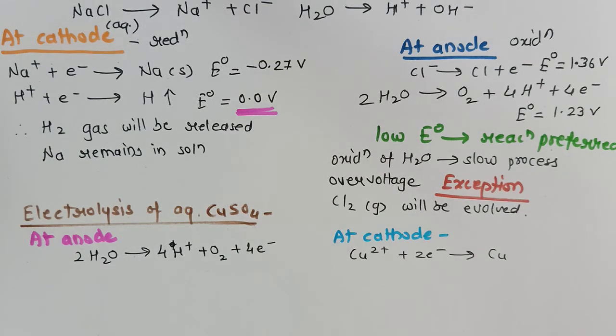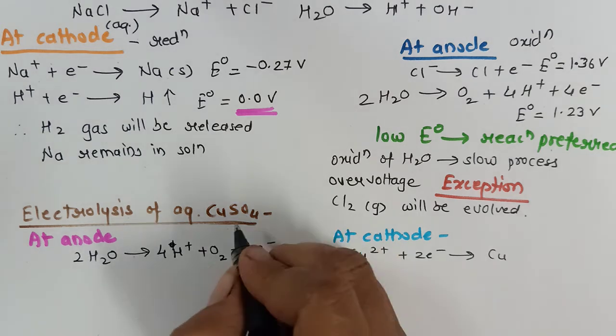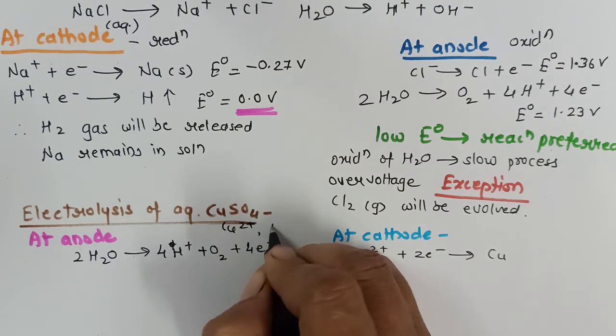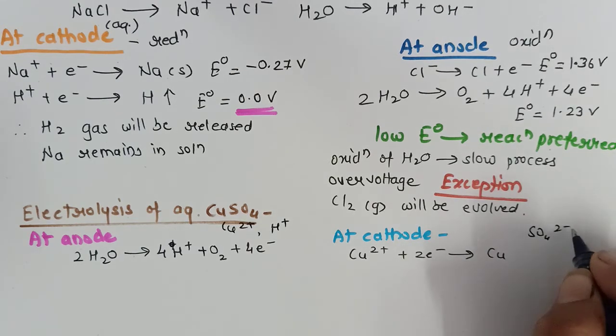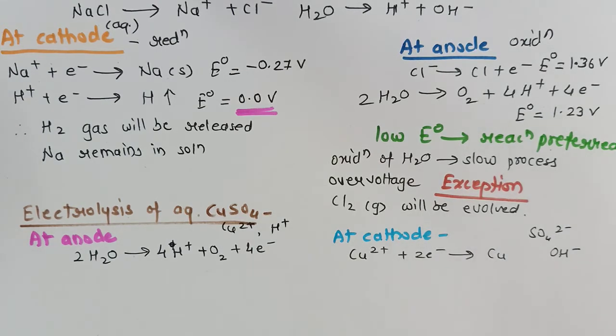Let us consider one more example, electrolysis of aqueous copper sulfate solution. When we are carrying out electrolysis of copper sulfate, we have two cations, Cu2+ and H+. We have two anions, SO4 2- and OH-. So at anode, which reaction is preferred? 2H2O giving 4H+ and O2 plus 4 electrons, as it will have low E naught value.